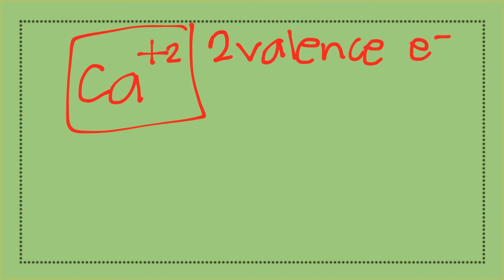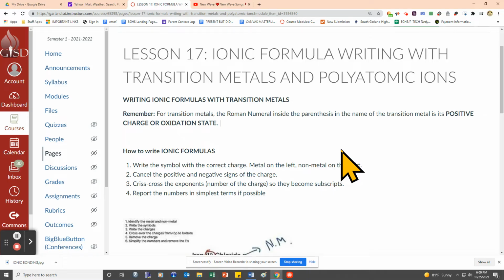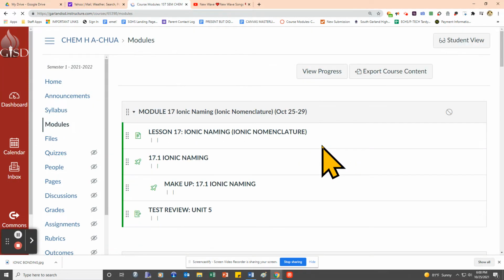All right, you too. So, what we're looking at here is Ca plus 2. All right? Perfect. Now, Mr. Chua, is there an easier way for us to know the oxidation numbers or the charges? Yes, remember I gave you notes on that.